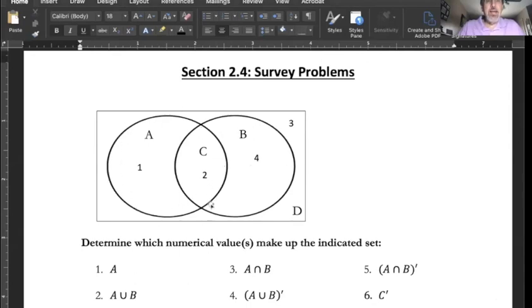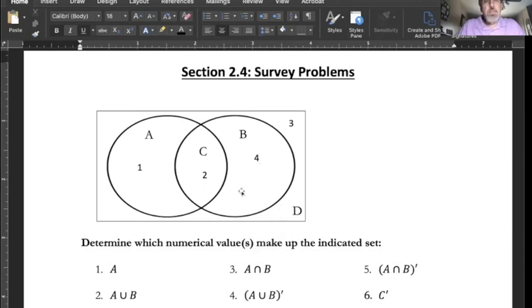Set A is the entire circle, and set B is the entire circle over here. Now set C is the intersection of A and B, okay? This set C, just like in the previous example we looked at, this region C, represents the intersection of A and B. And set D is the rest of the universe except for the stuff that's inside A, B, and C. All right, I hope that makes sense.